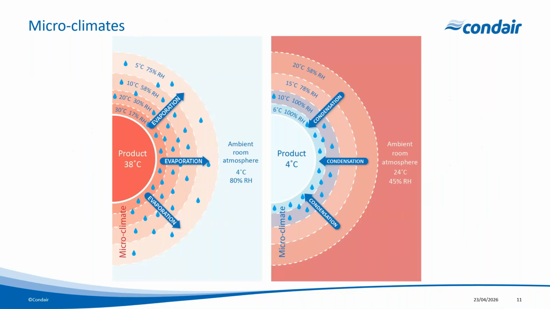So temperature not only impacts the humidity across a room's air profile, but can also create microclimates next to a material surface. So it's important to be aware of this when dealing with hygroscopic items that are either colder or warmer than the ambient air.